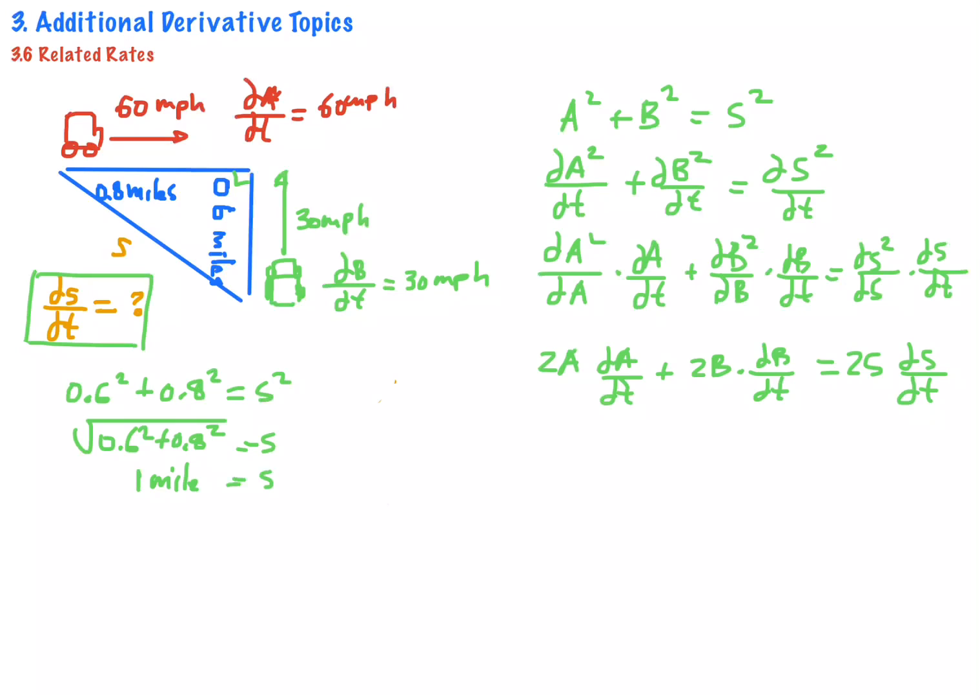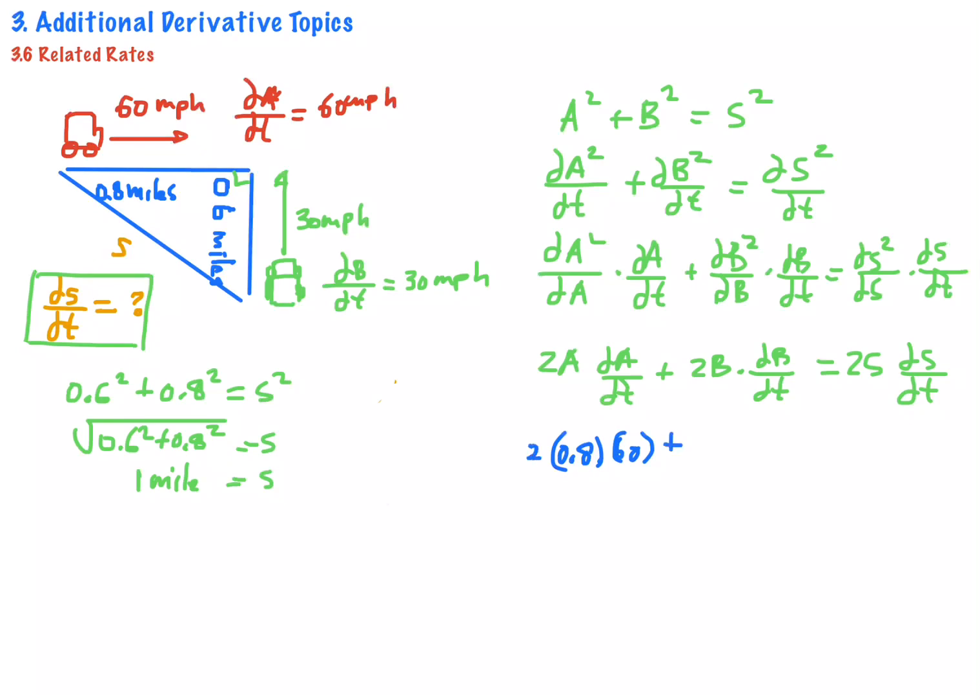So let's put in what we already know. The a, the distance, is 0.8, times dA over dt, which is 60 mph. And then plus 2b.